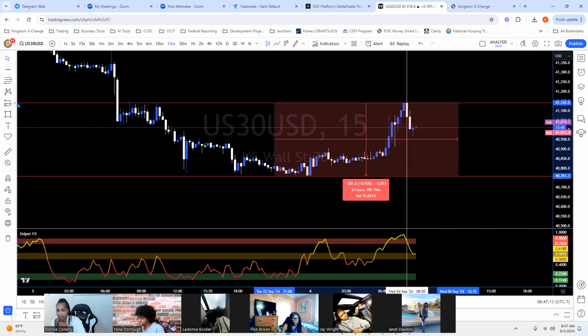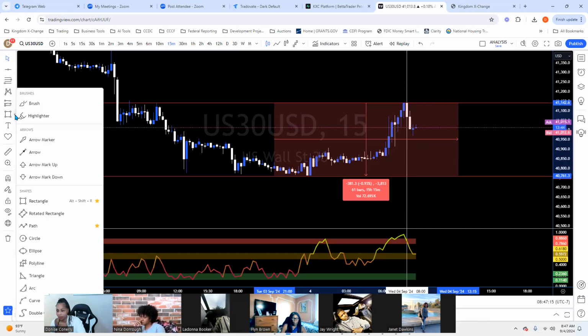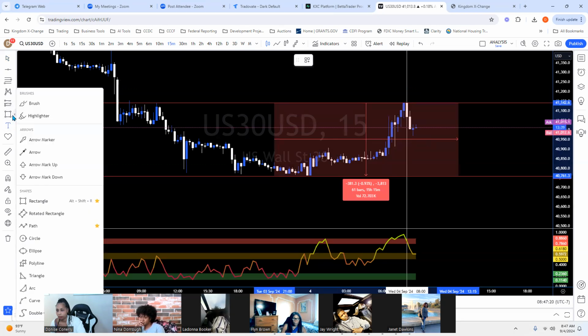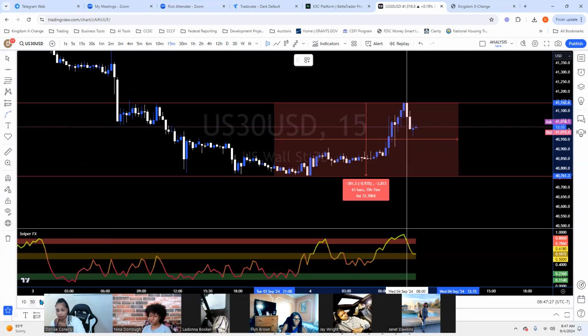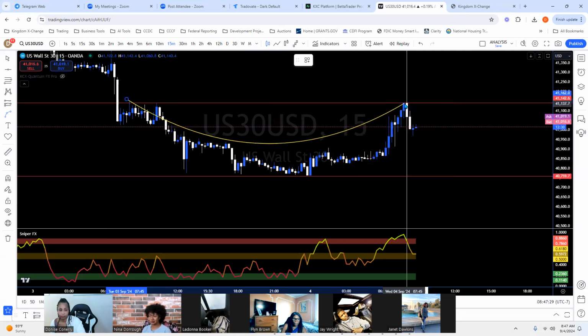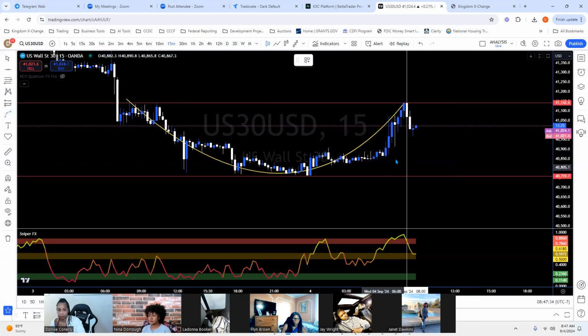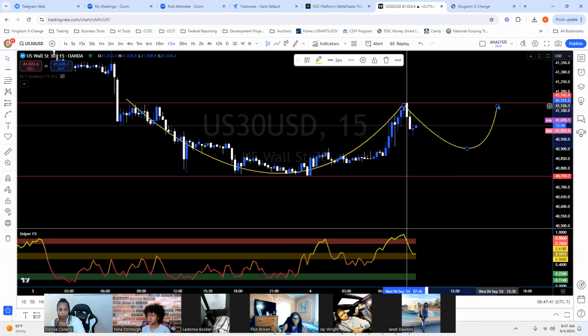And I'll show you what a cup and handle looks like if I can find the tool. So this would be the cup and handle.